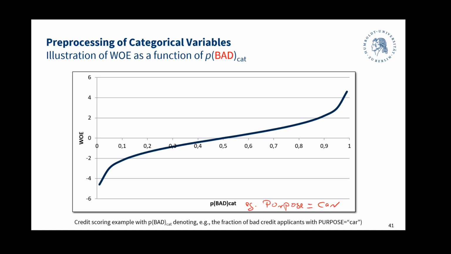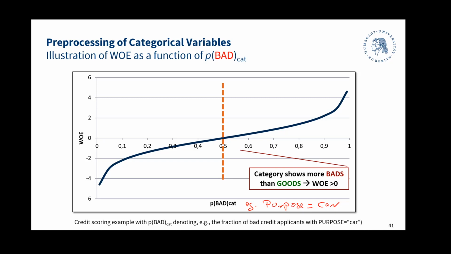And then we look at the relative frequency of bad customers among those who lend money to buy a car. And if that is 0.5, then obviously the relative frequency of good customers is also 0.5 because they need to add up to 1. And we see how the weight of evidence, because of our log scaling, is then exactly 0. So this is why we log the odds ratio.